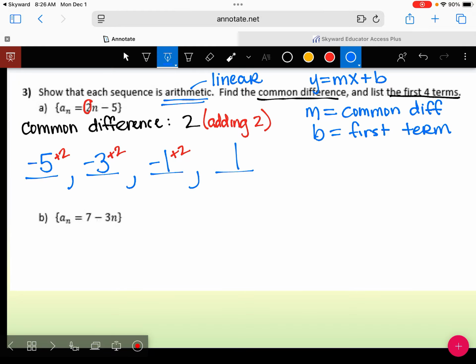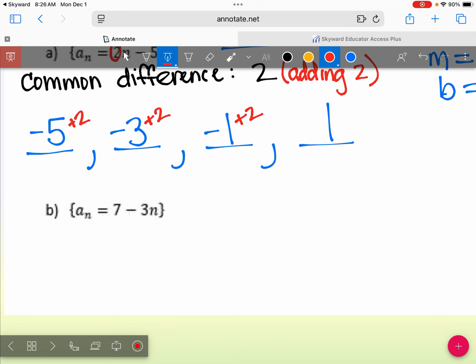Now, B is rearranged, right? It's rearranged, but the common difference or the slope is still negative 3. So the common difference in this one is negative 3. So now the numbers are going down.